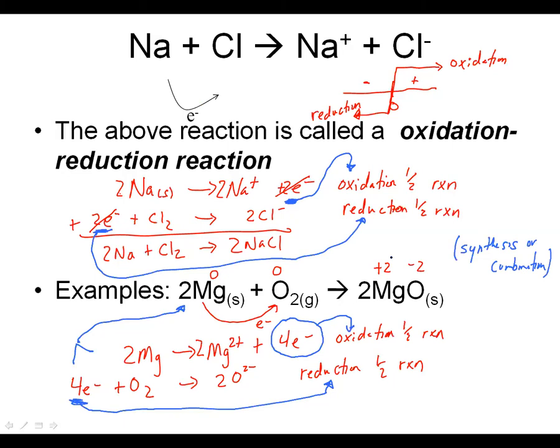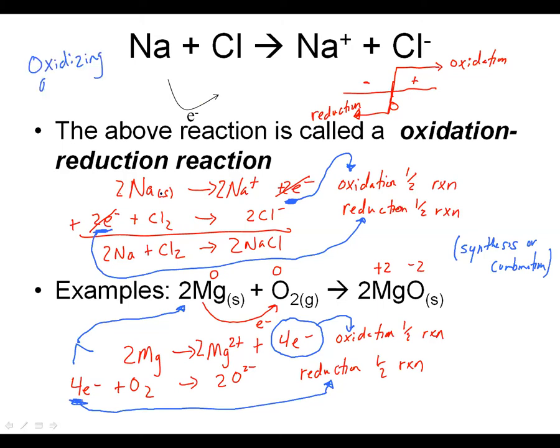Now, another aspect of redox: we have things that are being oxidized and things that are being reduced. We also have things known as the oxidizing agent and the reducing agent. The oxidizing agent is the substance that is being reduced, so it's opposite of the name.